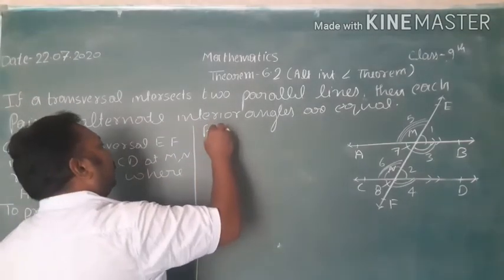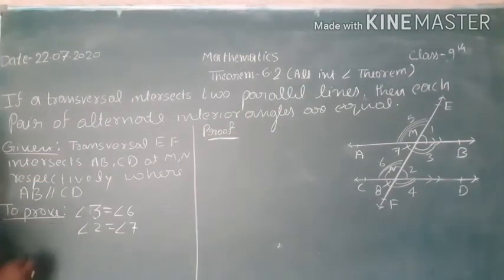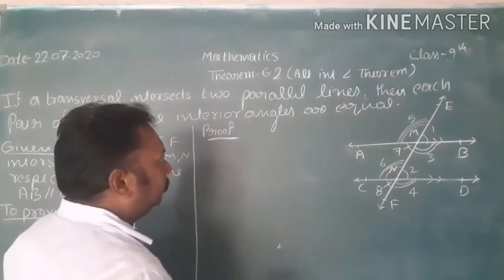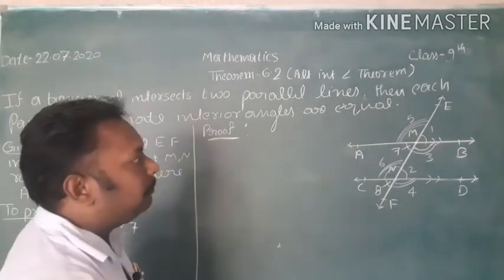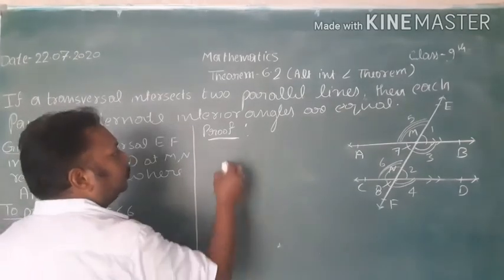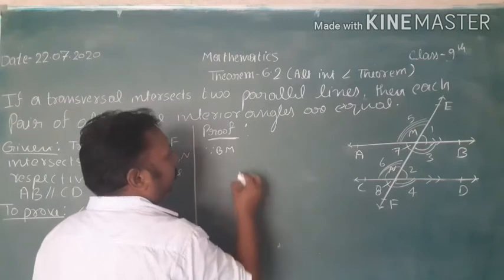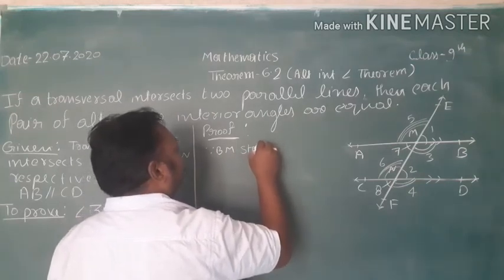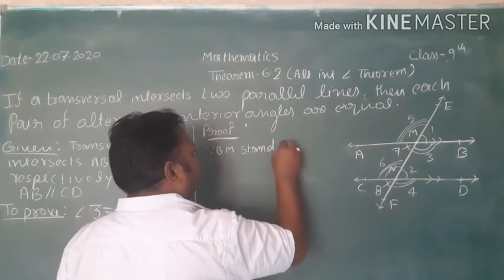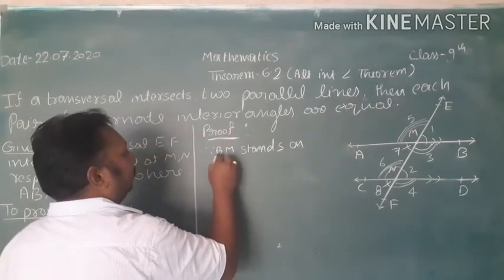Now we write down the third heading, that is proof. The first heading is given, the second heading is to prove, and the third heading is proof. In proof you write down: 1 plus 3 equal to 180, because BM stands on EF.